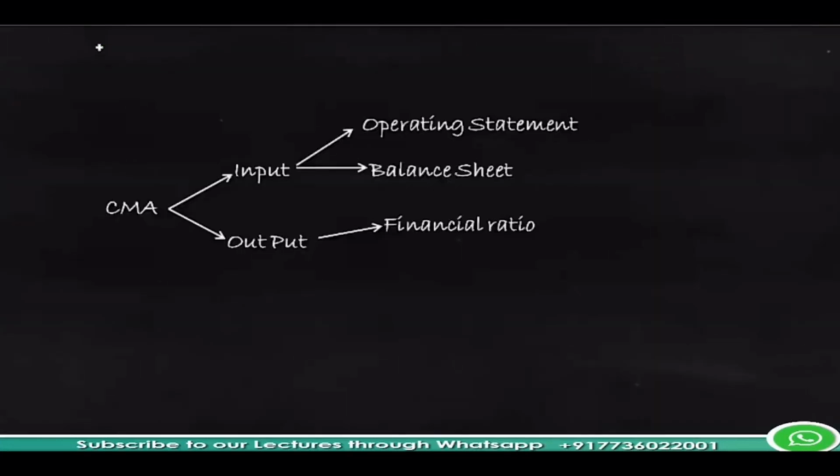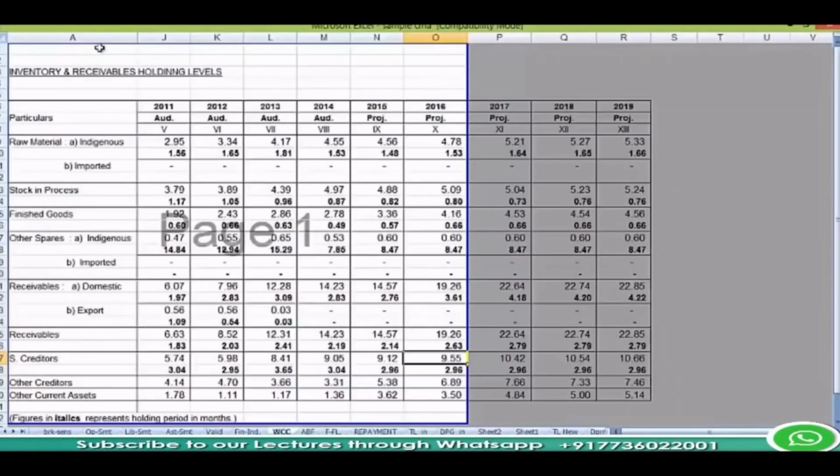The second output you would get would be the holding level sheet. This sheet basically talks about the levels of current assets and current liabilities maintained by the customers. So this is the holding level sheet. You will have it as WCC, that is, working capital holding level sheet.